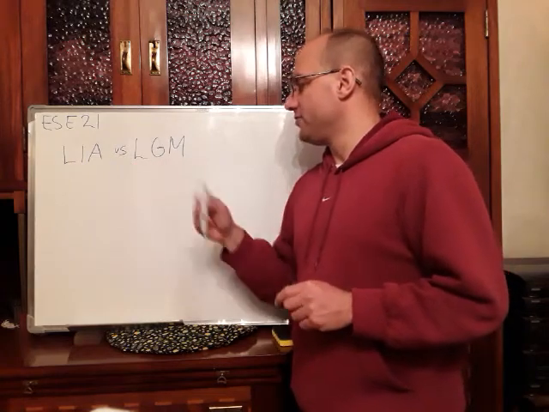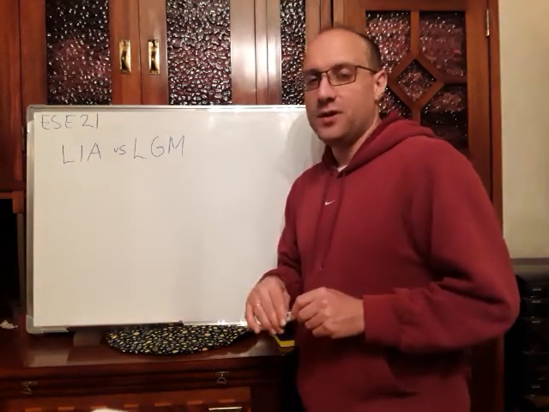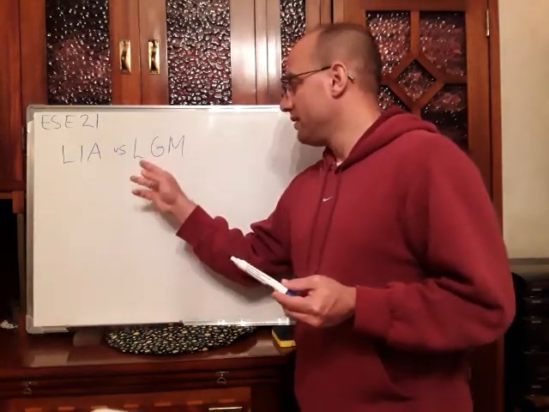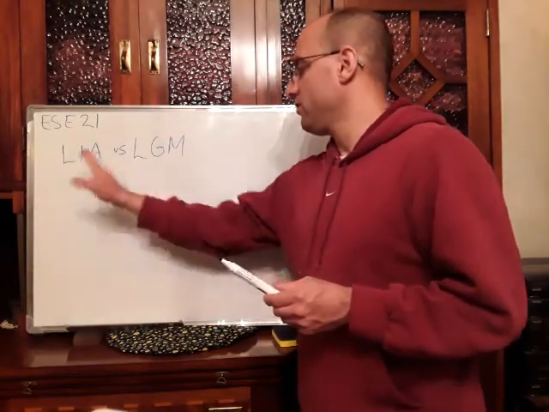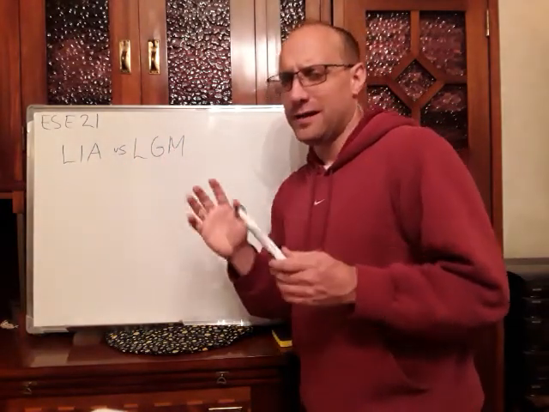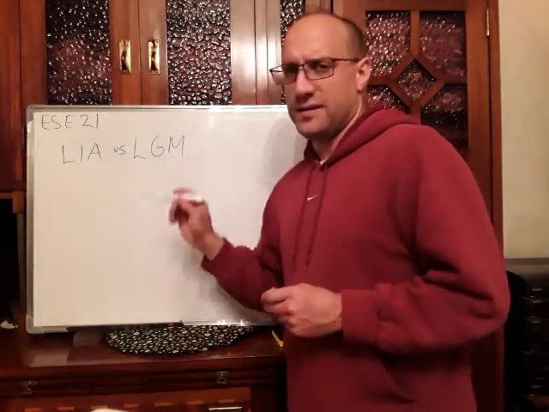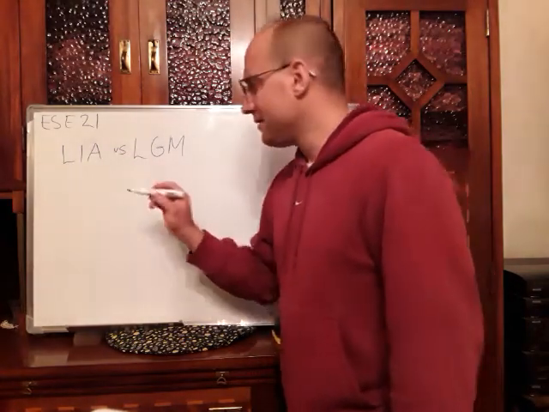And LGM is the last glacial maximum, which was again just a couple of thousands of years ago. So just to make a very quick distinction between the two, but here instead of speaking about history, I just want to have a look at the theory.